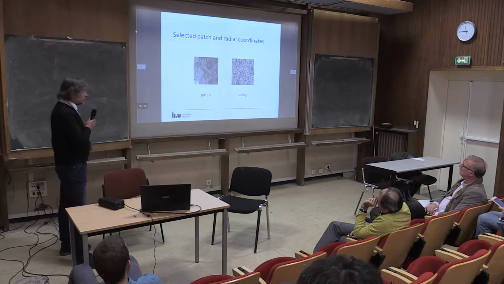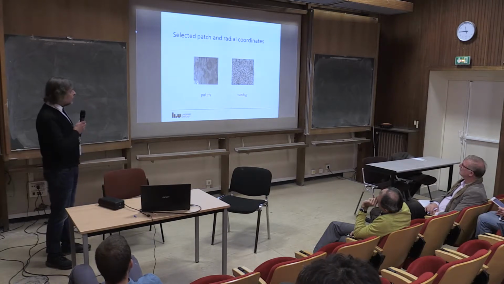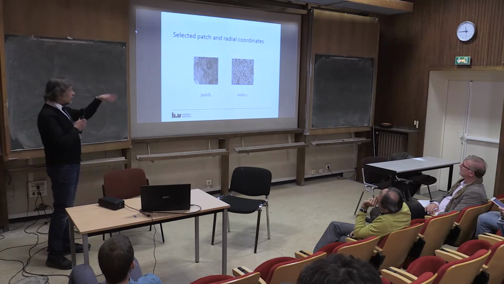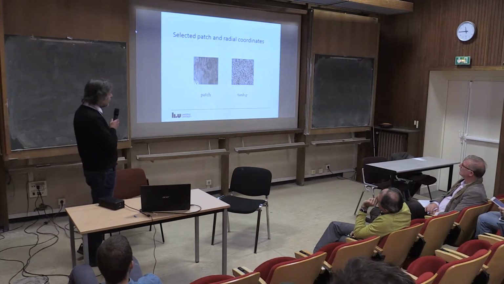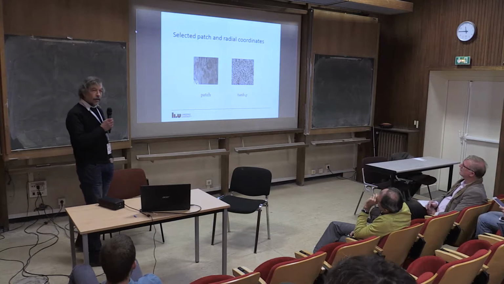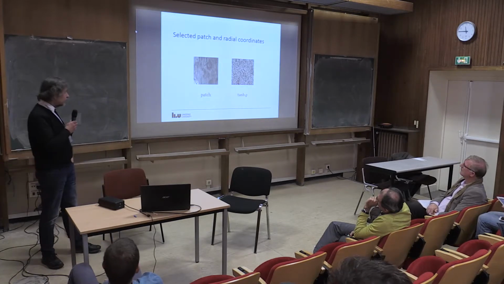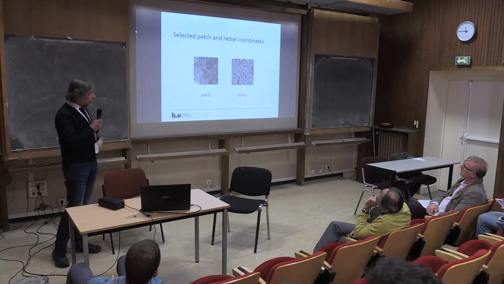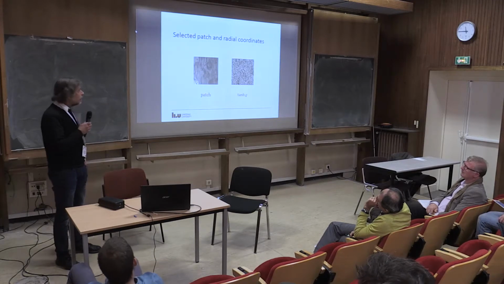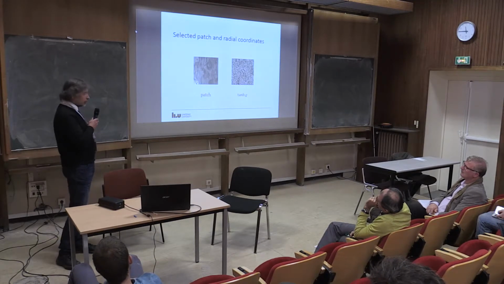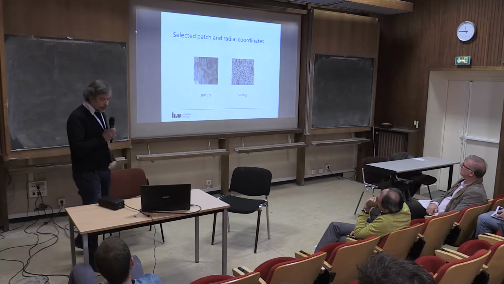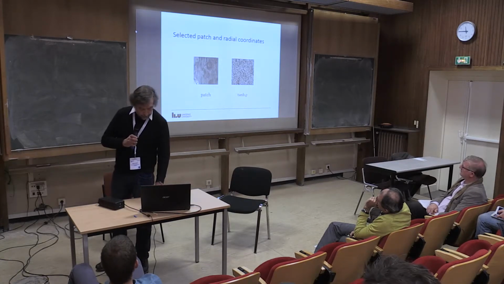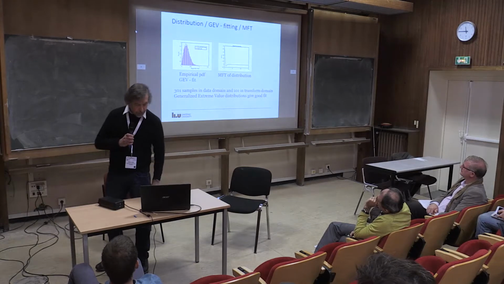And then I computed the coordinates, and then the hyperbolic tangent of the radial coordinate, that is the thing that you are investigating. So this is the patch, and if you do all these transformations and calculations, you end up with such an image of the radial component.